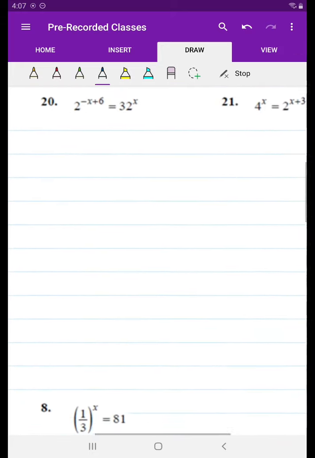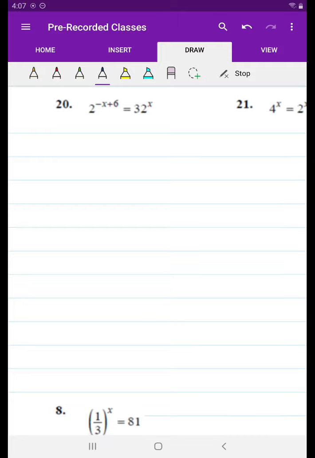For 20, we have 2 to the negative x plus 6 equals 32 to the x. The first thing that we want to do is see if we can rewrite it with the same base. Hopefully you remember that 32 is the same thing as 2 to the 5th. So we'll replace that 32 with 2 to the 5th.